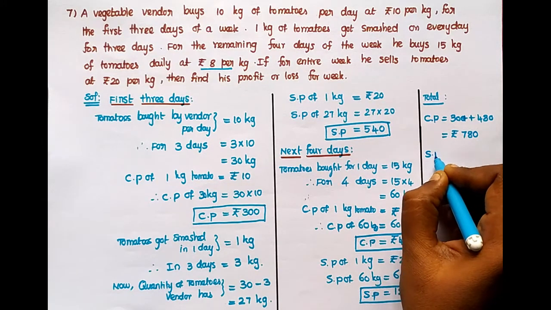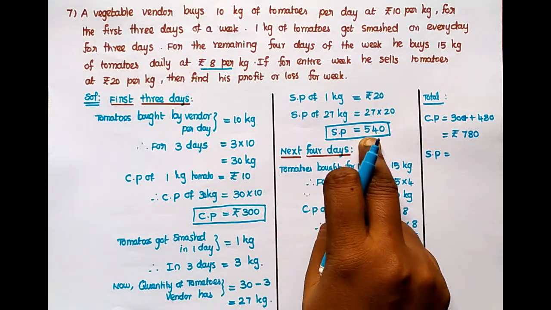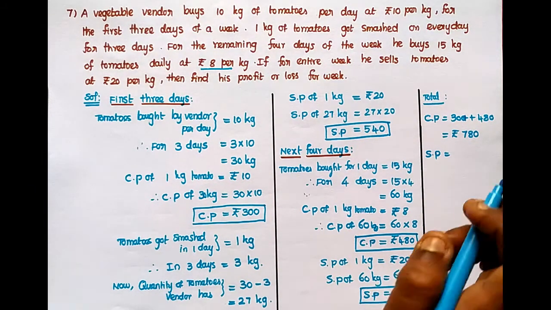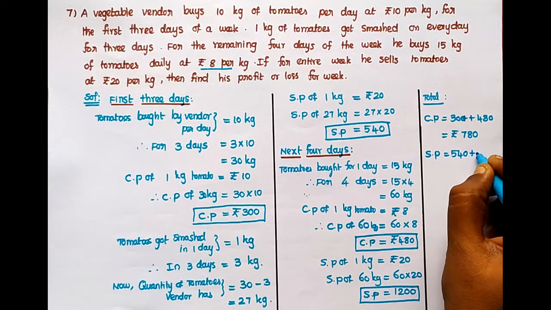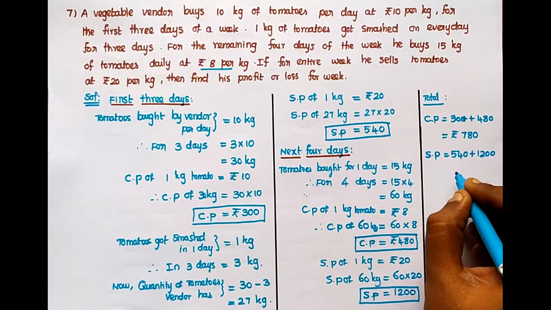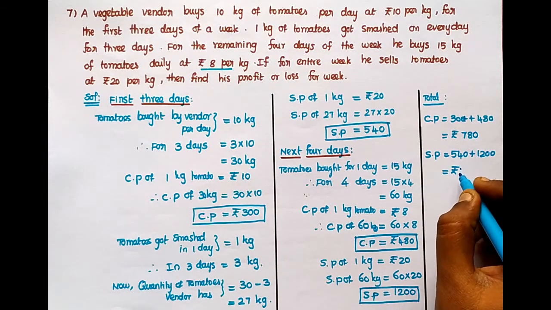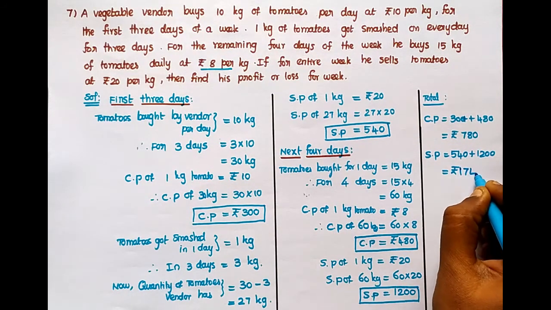And then total selling price. Here 540 plus 1200. So 540 plus 1200 equal to rupees how much? 1740.